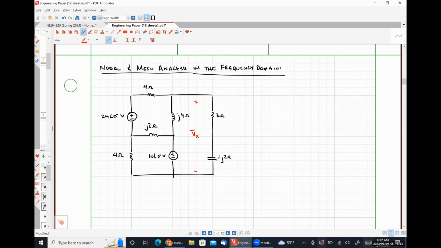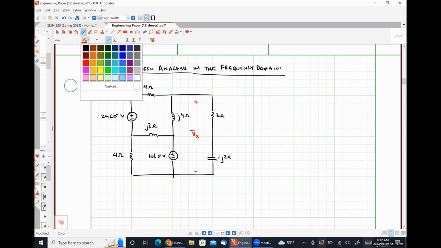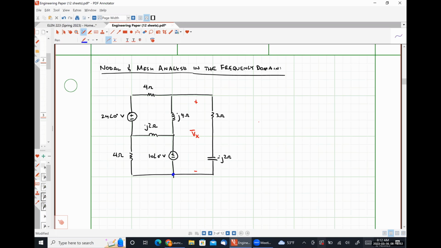So what do you guys remember about nodal analysis? We got to set our ground. That is absolutely a great step. So Preston, tell me where you think ground should be. At the bottom. Sounds perfectly reasonable. Set my ground node here at the bottom.